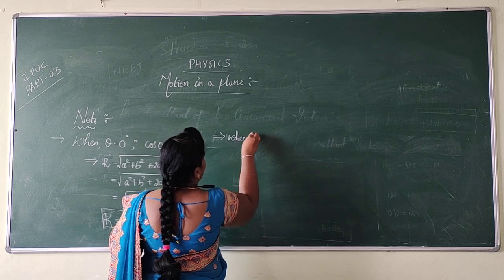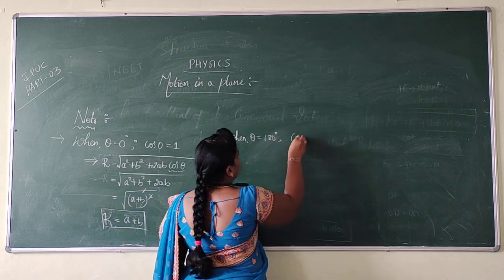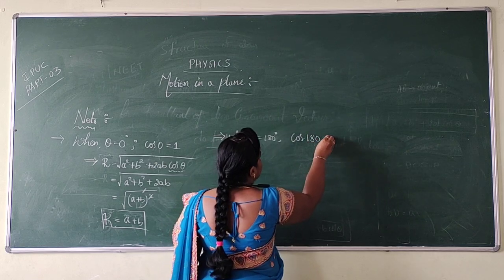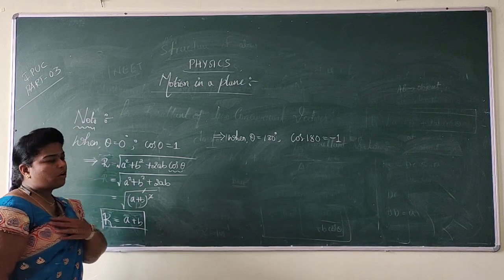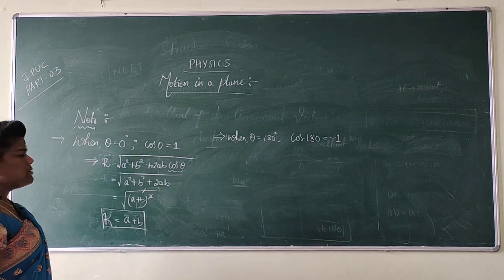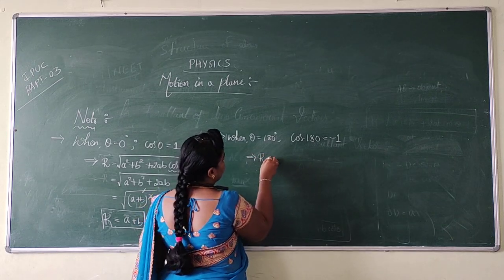So suppose when theta is equal to 180 degrees, what is the value of cos 180? So cos 180 is equal to minus 1, from the trigonometry formula. Then what happens to the resultant vector?